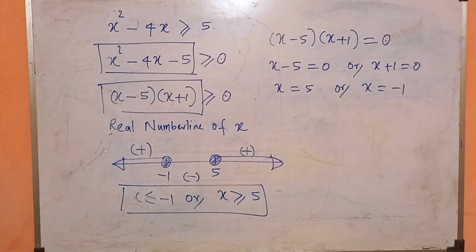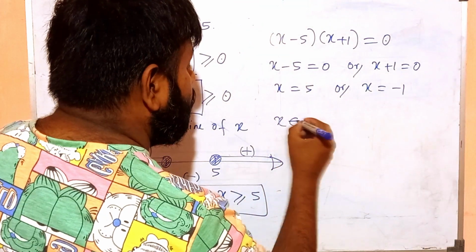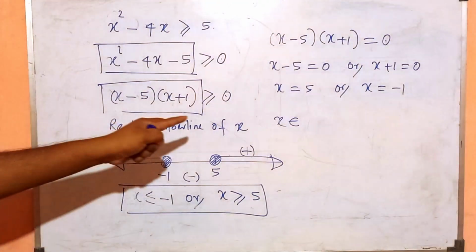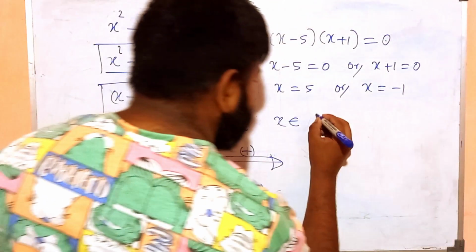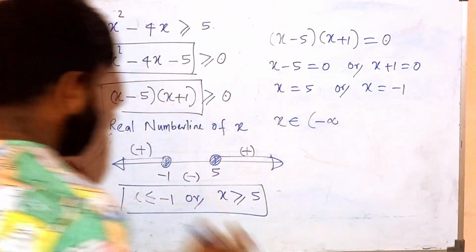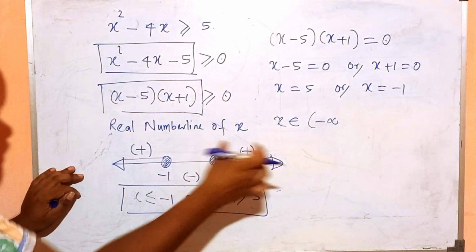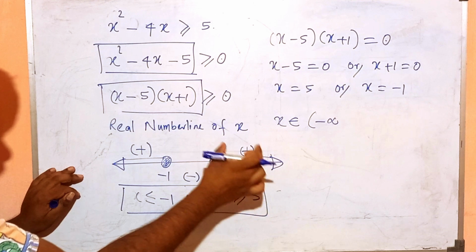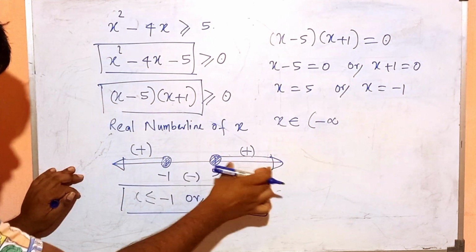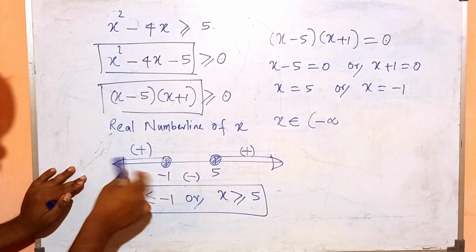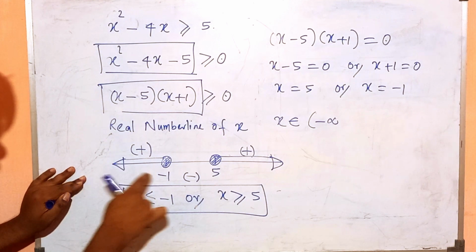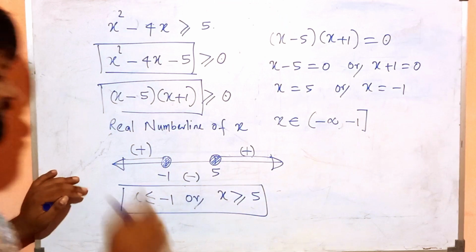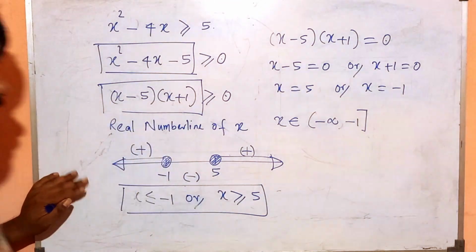Or else you can write this in set format, which means x is an element of a set. Because x can be here or here, x can be an element of this set or this set. So you have to write these two sets as a union. This set can be written as minus infinity comma minus 1, and we have to write a closed bracket because x can take negative 1.